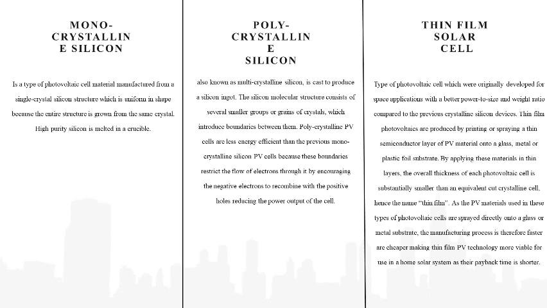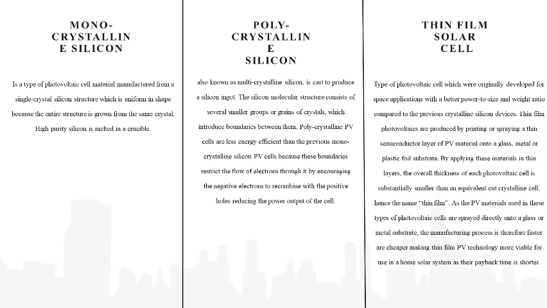By applying these materials in thin layers, the overall thickness of each photovoltaic cell is substantially smaller than an equivalent cut crystalline cell, and hence the name thin film, as the PV materials used in this type of photovoltaic cell are sprayed directly onto a glass or metal substrate.